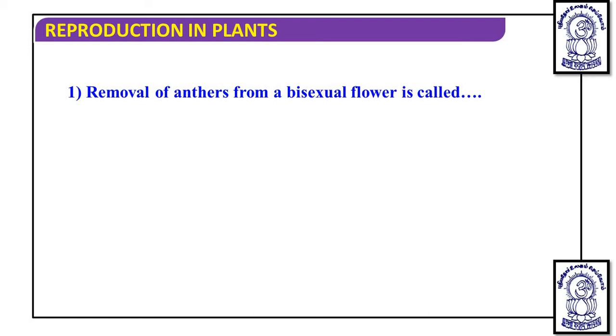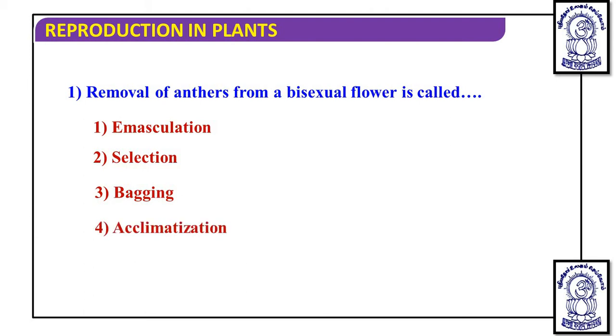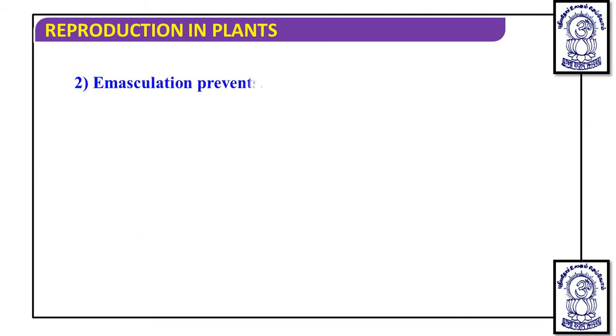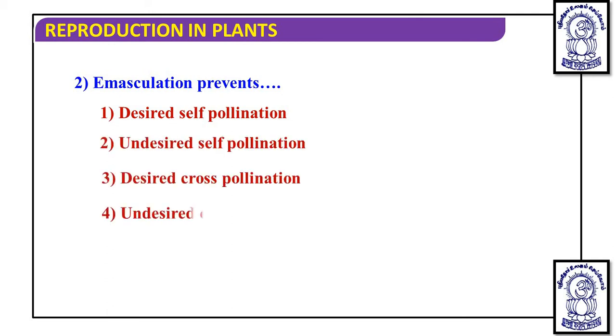So let's talk about one question. Removal of anther from the bisexual flower is called, as you know very well, emasculation. Next question: does emasculation prevent self-pollination? Emasculation is needed for desired cross-pollinated plants.